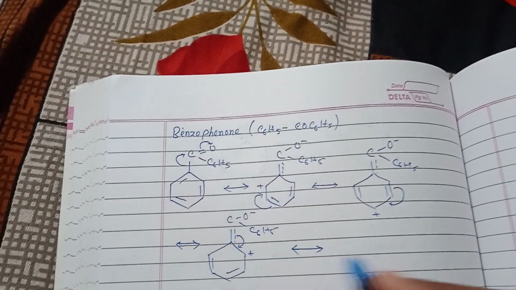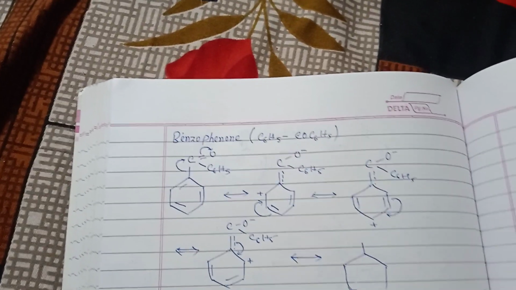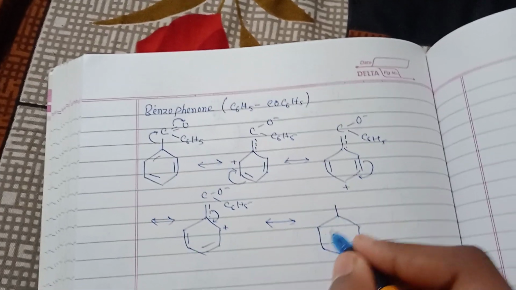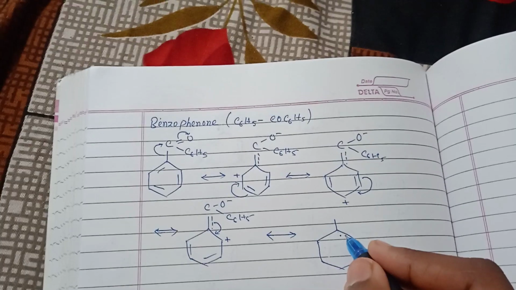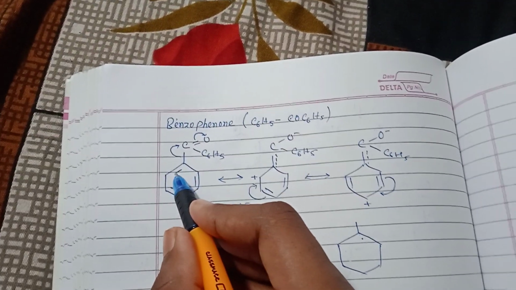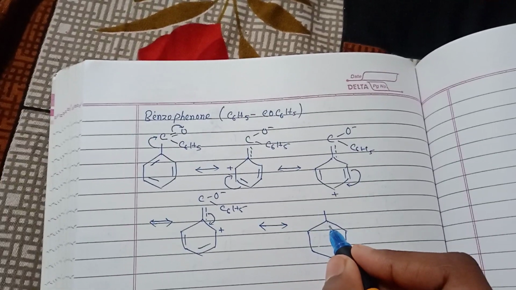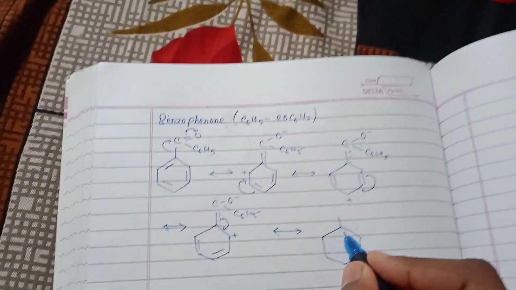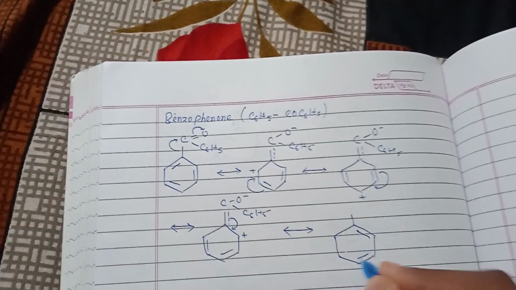Last and final structure, it will be benzene, but the alternate double bonds change. I have repeatedly told you that from here we have alternate double bonds, but at the last the alternate double bonds change from here to here.